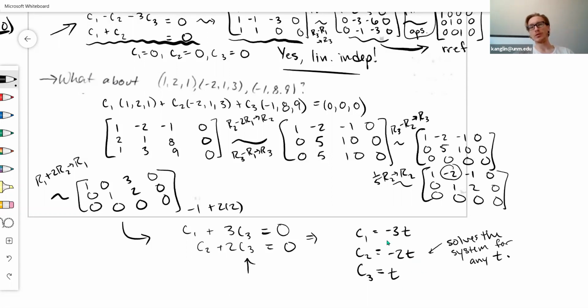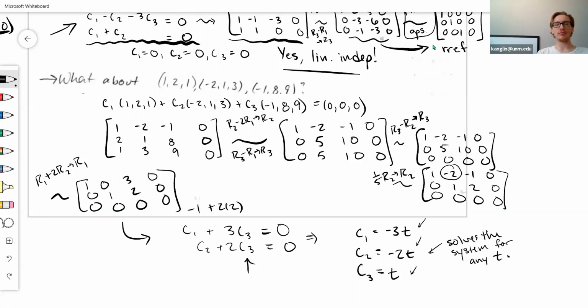So plug in T equals 0, you get that all these coefficients, C1, C2, and C3, are 0. But if you plug in, say, T equals 1, what do we get? C1, C2, and C3 are negative 3, negative 2, and 1.